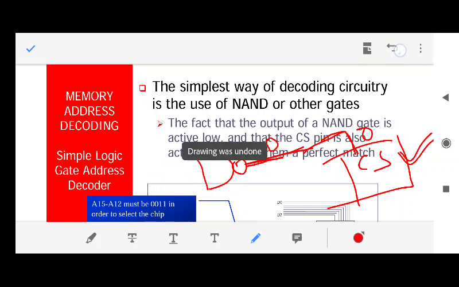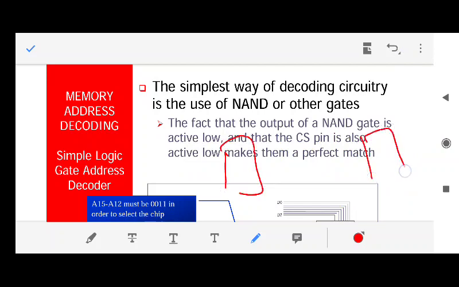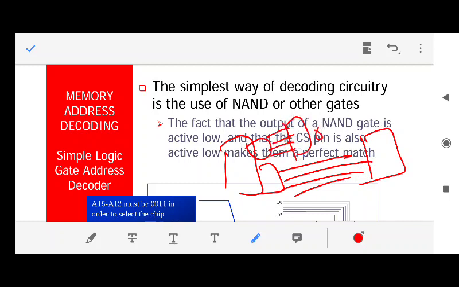Fine. So the simplest way, if you have a single chip connected to the system, I am again repeating, from the 8051, if you are connecting a single memory, and you have used some address lines to connect, then the remaining address lines can be simply connected to a NAND gate, and that will be connected to the chip select signal. Why? Whenever 8051 wants to use this memory, it will make all these lines 1, so that the output of the NAND gate will become 0, and it will select the chip.